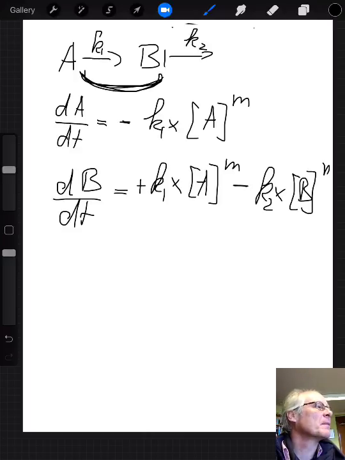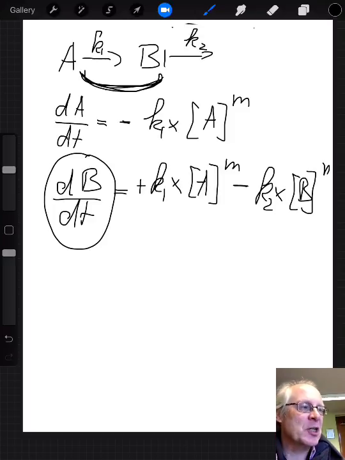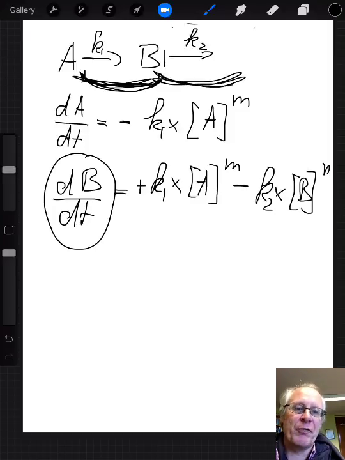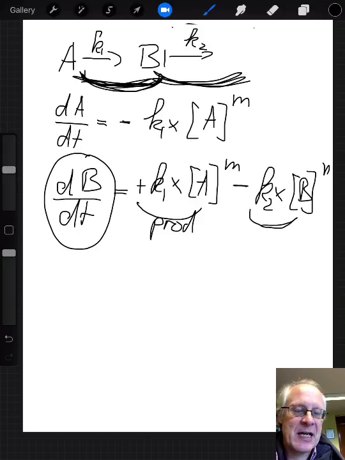So in this case, the rate for B is actually composed of two components. The first component is the production of B, and the second component is the consumption of B. So here that is the production, and that one here is the consumption.